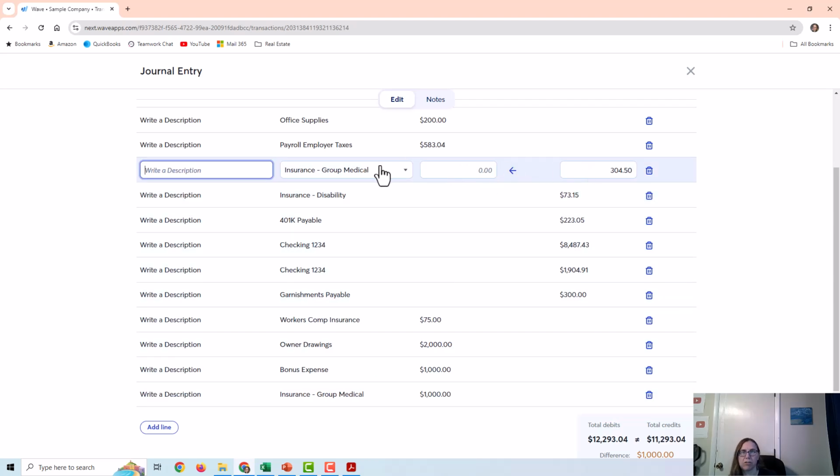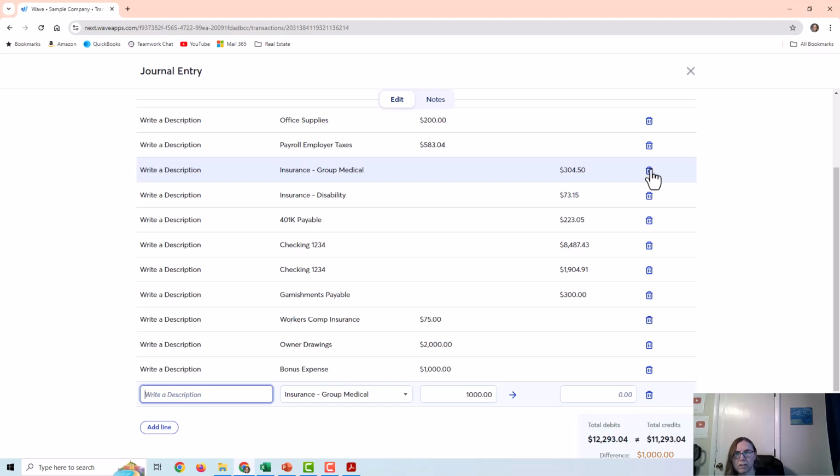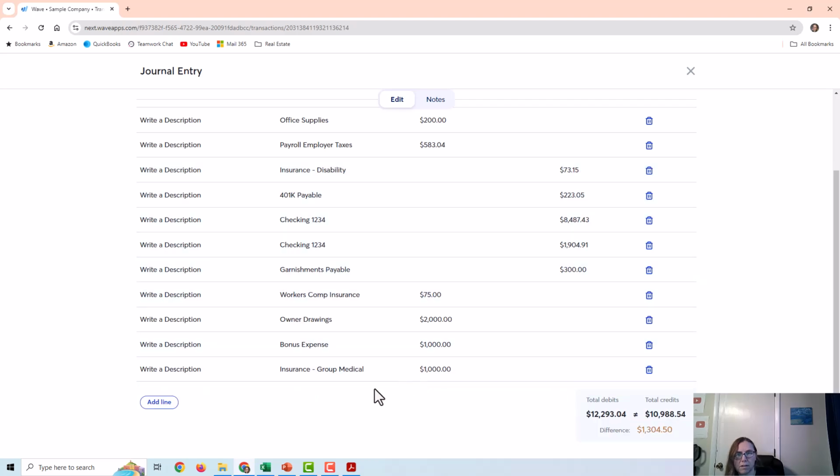Now you don't have to do two line items. You could net these together and have one line item with a debit for what, $695.50. Let me see if I did my math right. $695.50. So you could just take that out and have this be $695.50, which would be the net of the employer payment minus the employee deductions.